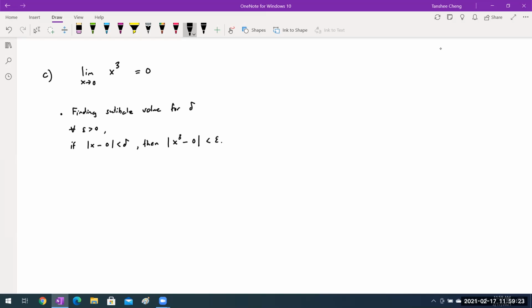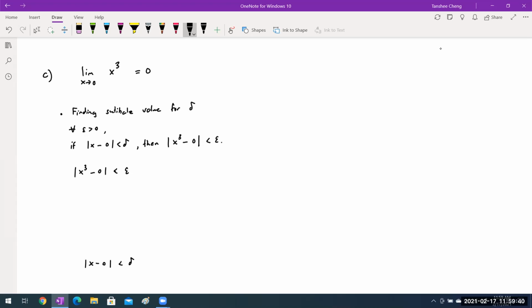Epsilon. So starting with x to the third power minus 0 is less than epsilon, we want to get to x minus 0 is less than delta.